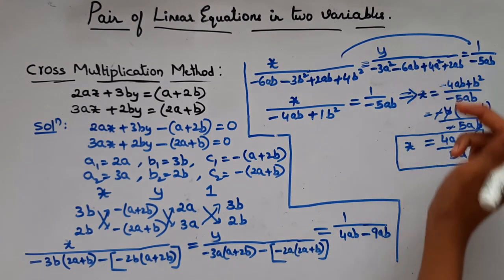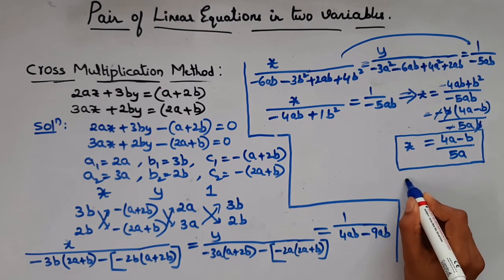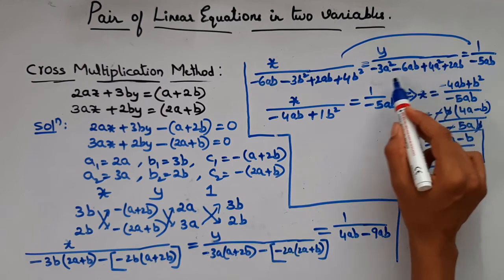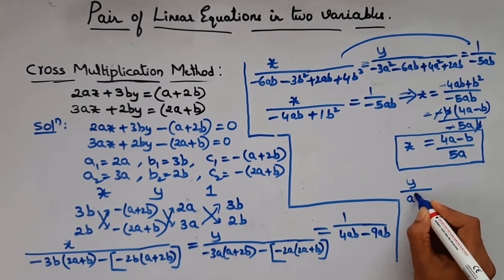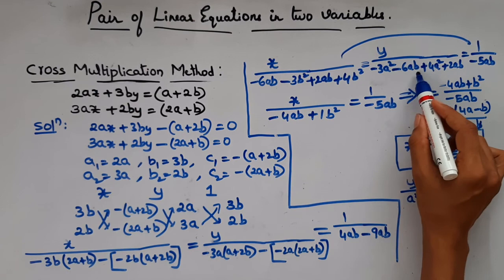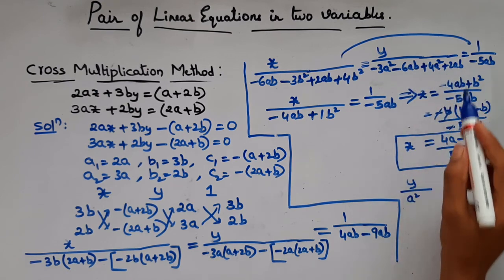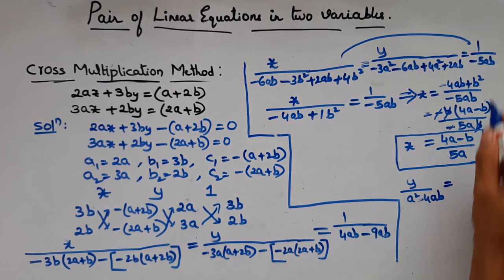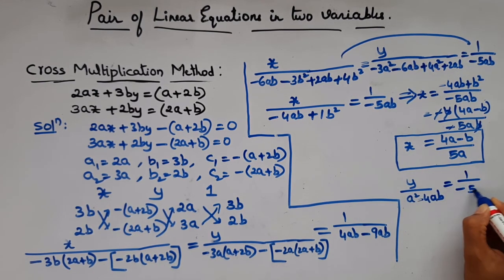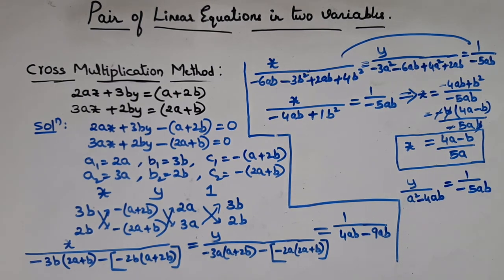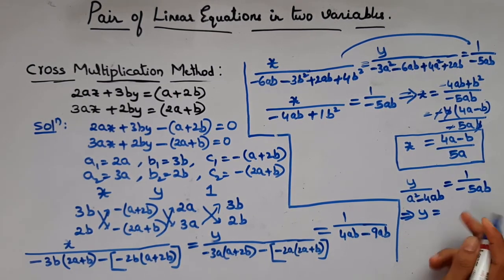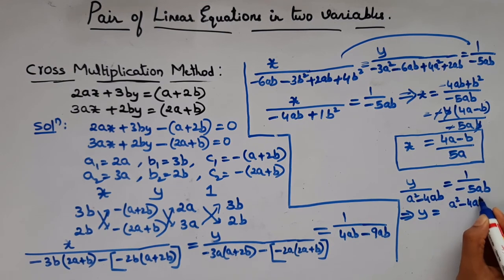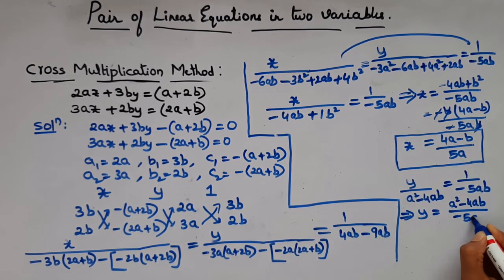Similarly, when you take these two equations, we have y by minus 3a square plus 4a square will be plus a square, right? So minus 6ab plus 2ab is minus 4ab, right? Which is equal to 1 by minus 5ab, right? Which implies y is equal to, this whole term will go to numerator, that is a square minus 4ab by minus 5ab, right?